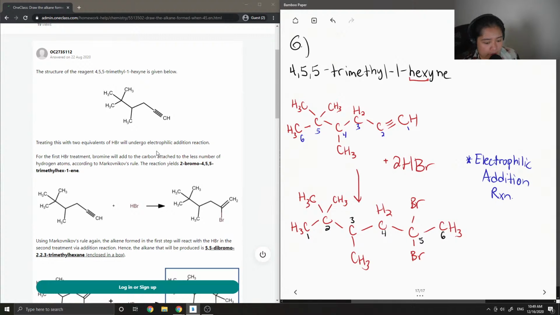We have 2 bromines on carbon 5, so it would be 5,5-dibromo. And on carbon 2 and carbon 3, there are methyl groups: 2,2,3-trimethylhexane.